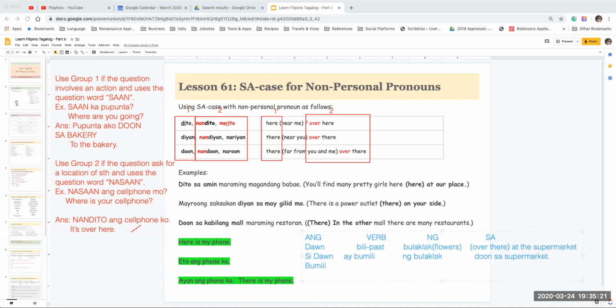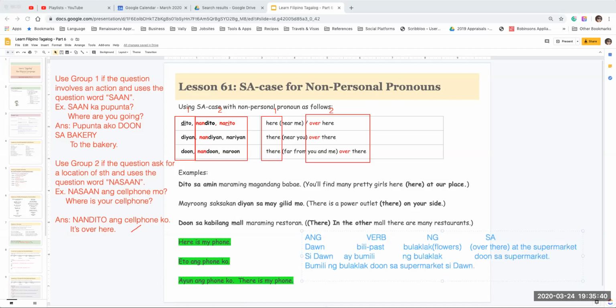Who bought? It's okay, we can put the whole predicate. Bumili ng bulaklak doon sa supermarket si Don. Yes, because it's a personal name.